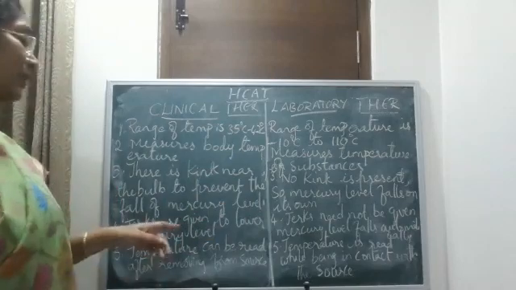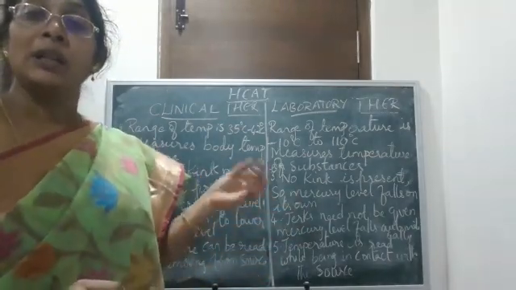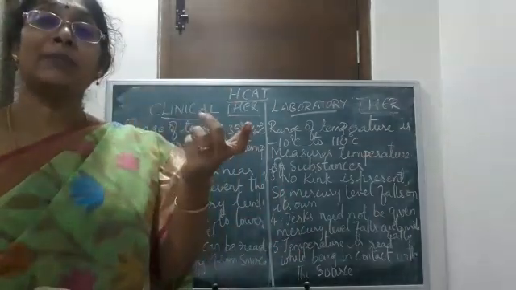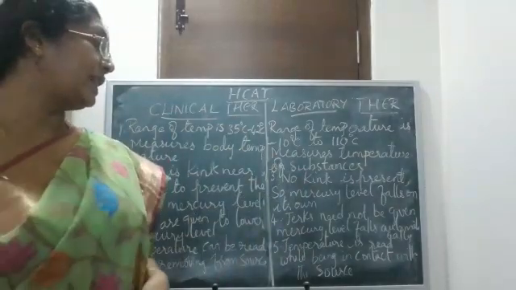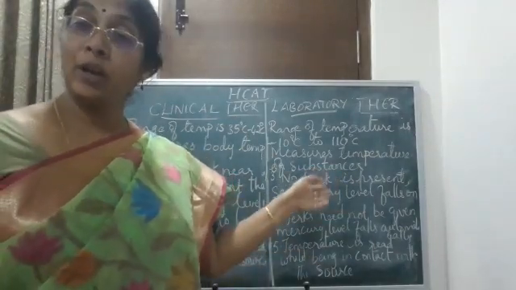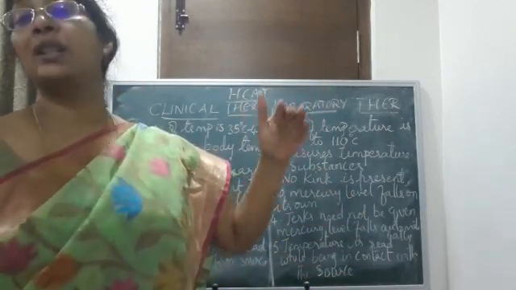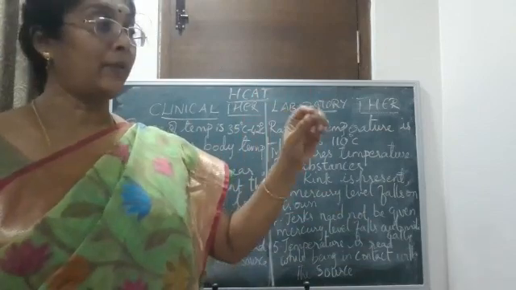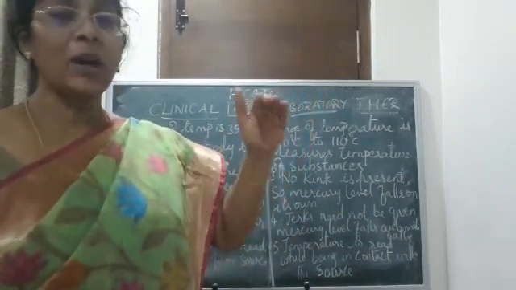Temperature can be read after removing from the source in a clinical thermometer, because keeping it in the mouth and then reading the temperature is very difficult. But in a laboratory thermometer, temperature is read while being in contact with the source only. This is important because we want to know at what temperature what reaction takes place, at 50 degrees or 55 degrees or 60 degrees.